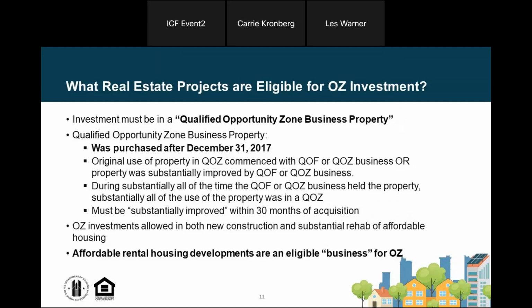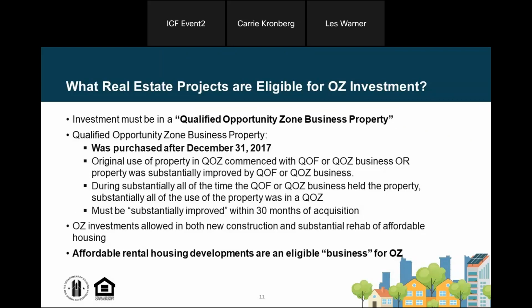So let's talk a little bit about what types of real estate projects are going to be eligible for that OZ investment. The key IRS requirement for that real estate investment is that the OZs need to relate to land and building ownership and use.